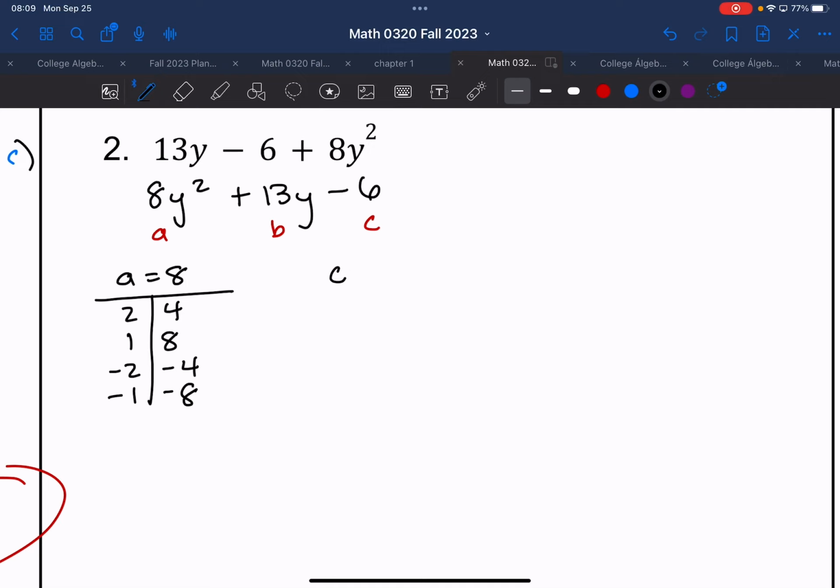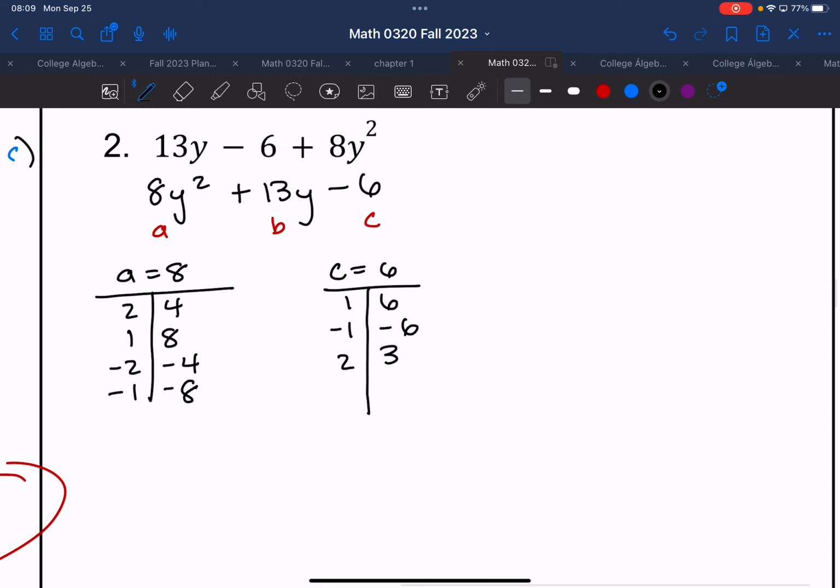Okay. What about for our C value? What are the factors of 6? So we have 1 and 6, -1 and -6. What else? 2 and 3, and what's the last one? -2, -3. Okay, so in this one we have a lot more cases that we have to go through.